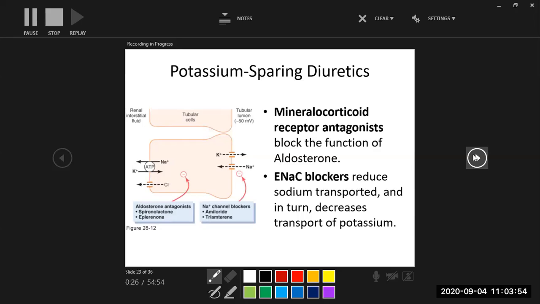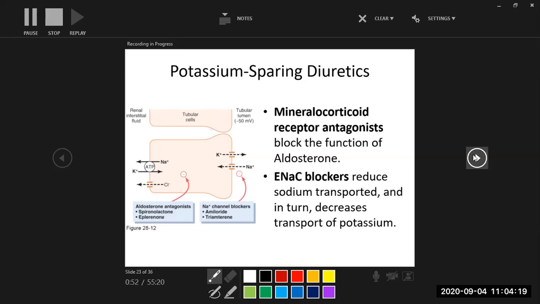The idea is that we find all these different targets to block them and to prevent the sodium reabsorption in order to cause the diuretic effect. Diuretic means urine will go through, right?